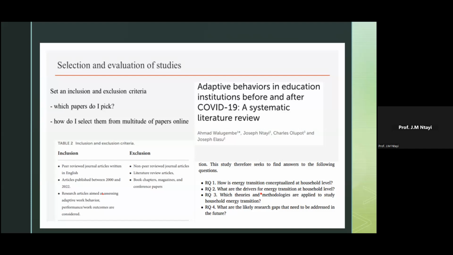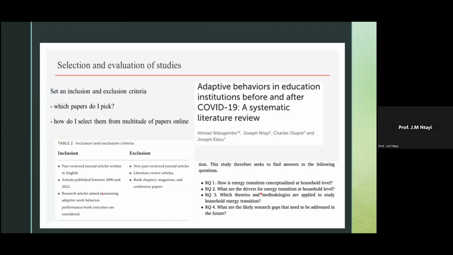But again, we have also said that articles aimed at assessing adaptive behavior, performance, work outcomes, etc., are the ones that we will include in this study.